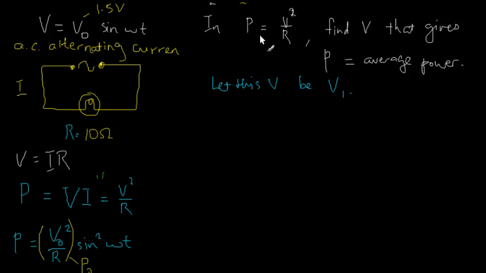Now we already know that the average power is half of the maximum power. So I can substitute this into there and then solve for V1. So let's do that.